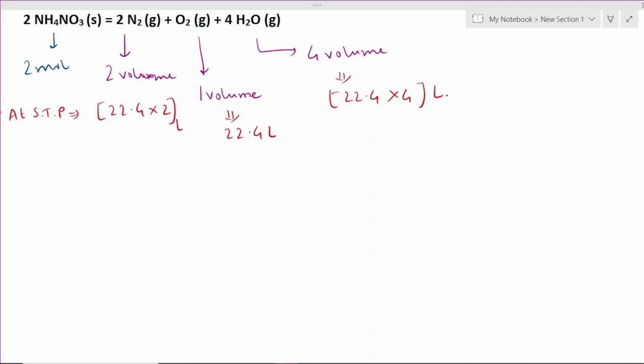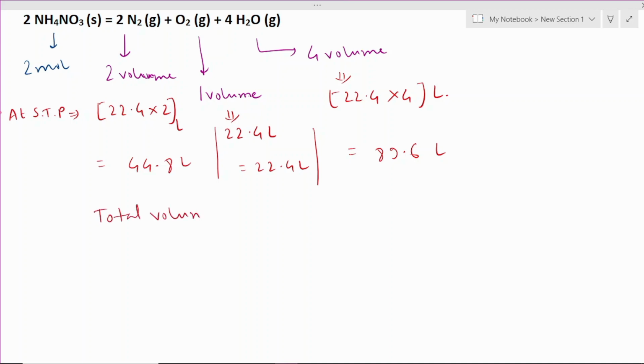So here 2 volume means 22.4 into 2 liter of nitrogen gas is there and 4 volume of water vapor means 22.4 into 4 liter of water vapor is there. So this is 44.8 liter, this is 22.4 liter and this is 89.6 liter.